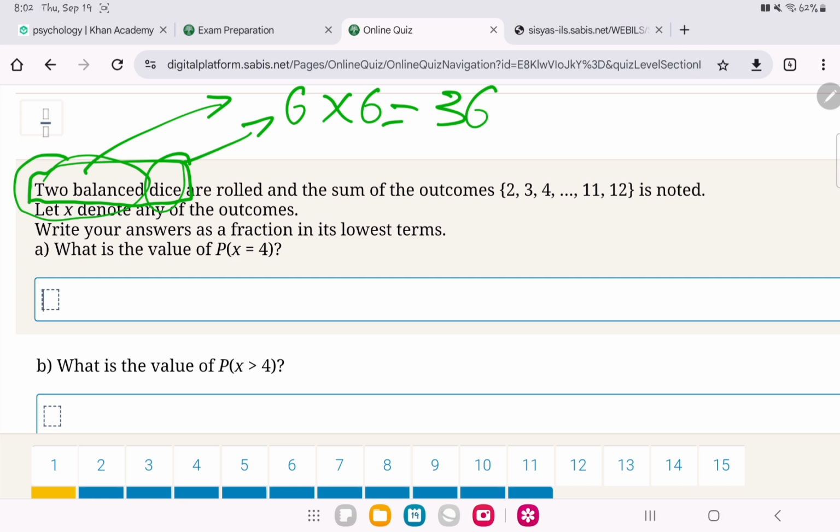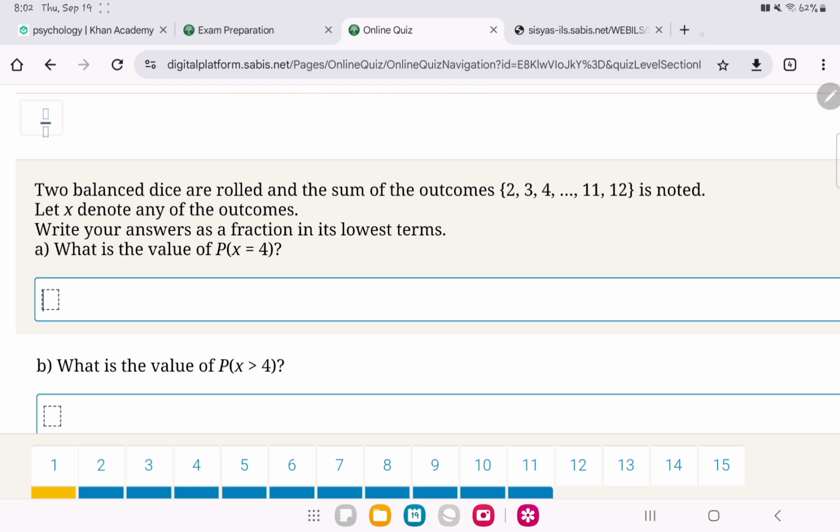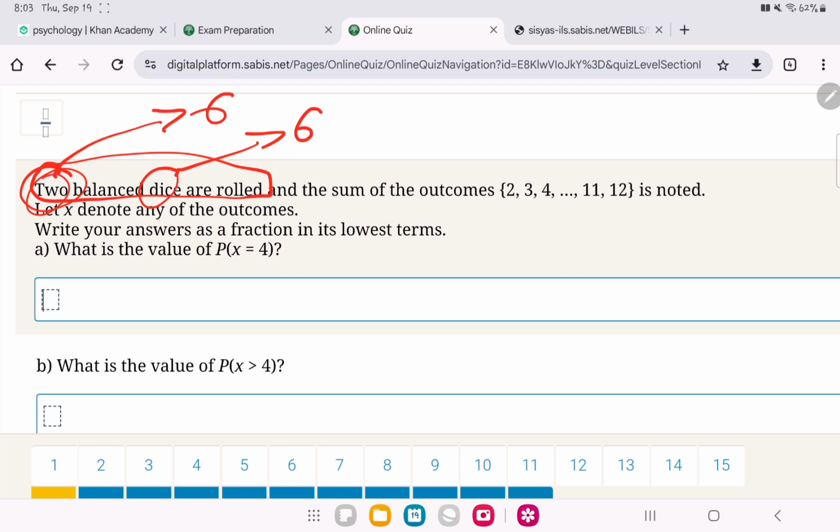So again, we have 2 balanced dice rolled, and in a dice we have how many possibilities to roll? We have 6. So if 2 dice are rolled, that means we have another possibility of 6 happening. So we're going to have 6 possibilities and another 6 possibilities, and in math "and" is equal to times, or "or" is equal to plus.